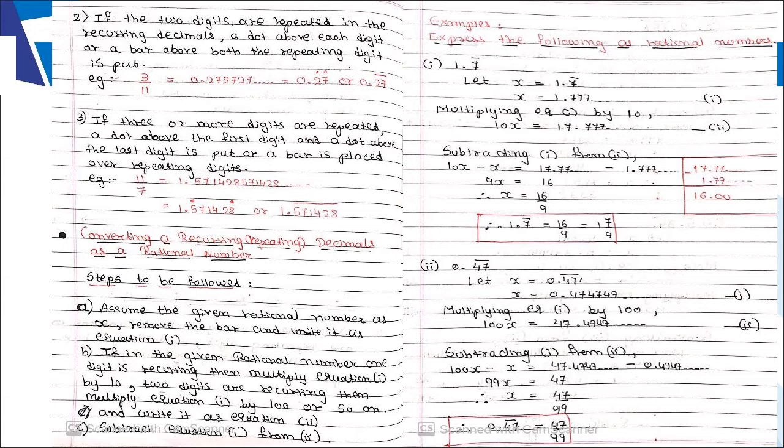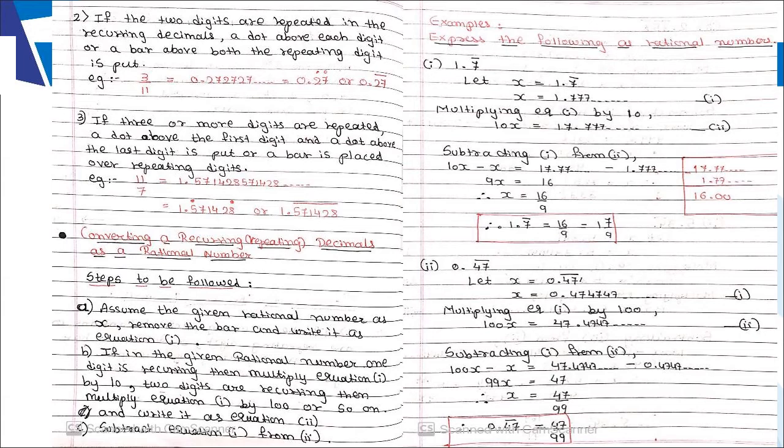Now the third step, step C: subtract equation 1 from 2, always. So I have subtracted equation 1 from 2. See, student, here I have done a horizontal way for subtraction. You can use vertical also, your choice. So left hand side minus left hand side, right hand side minus right hand side.